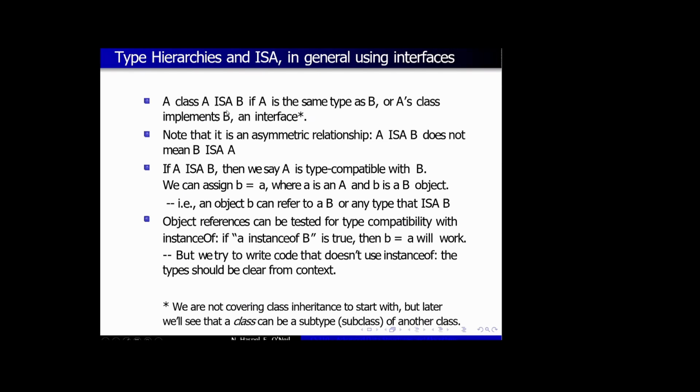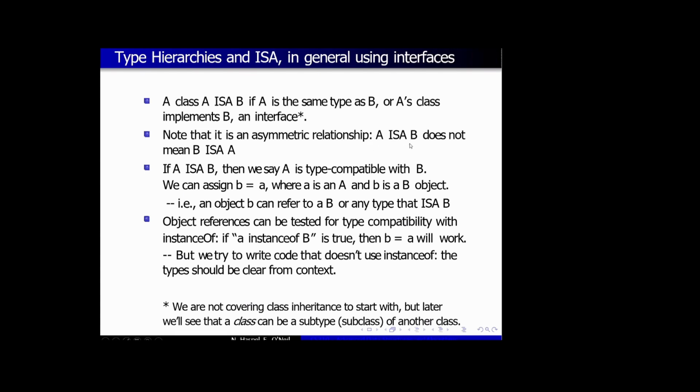So class A is a B if A is the same type as B, or A's class implements B, an interface. That's leaving out subclassing because that's what's down here in this comment. We will eventually talk about the fact that you can have a class be a subtype of another type by being a subclass. But we'll keep it simple now because we don't want to consider subclasses. So we just have interfaces doing the work.